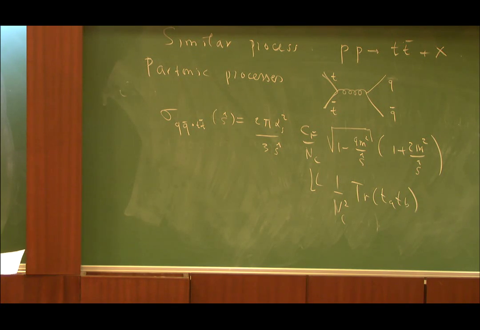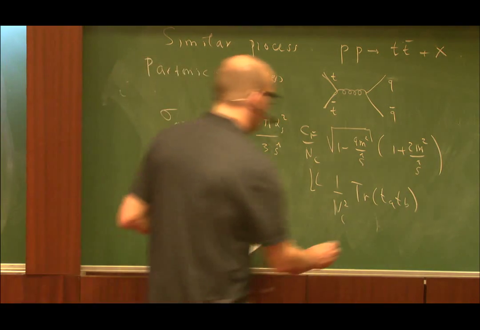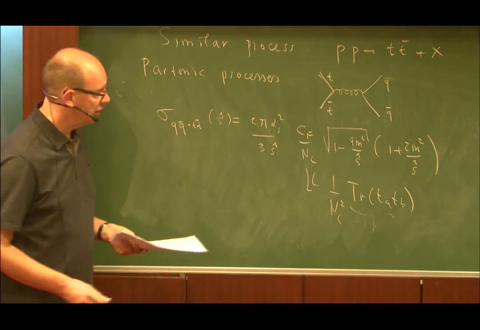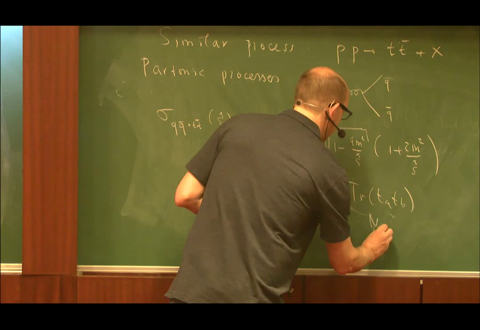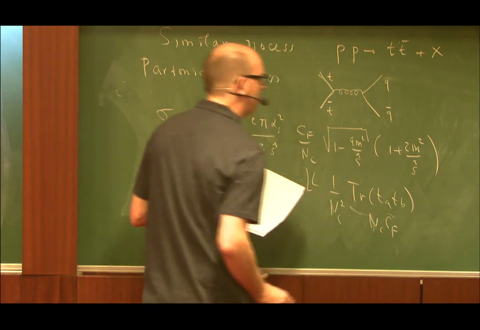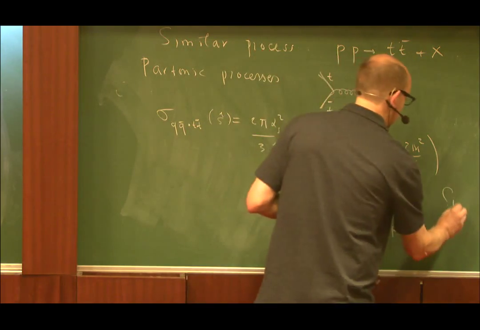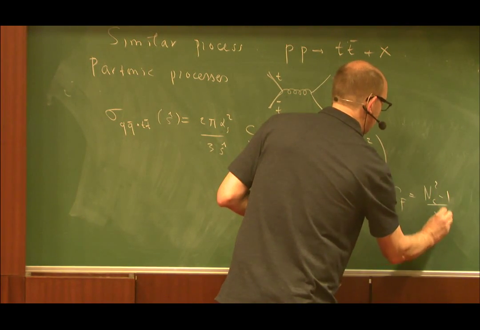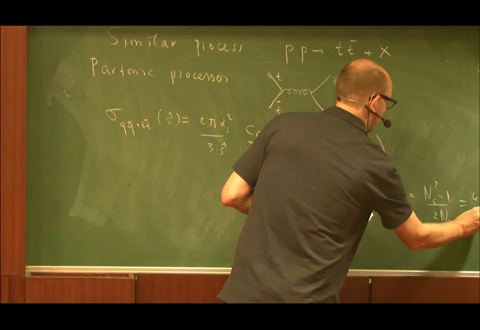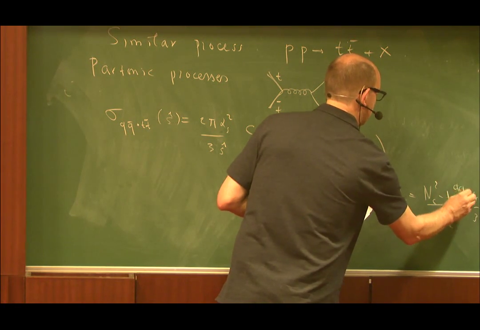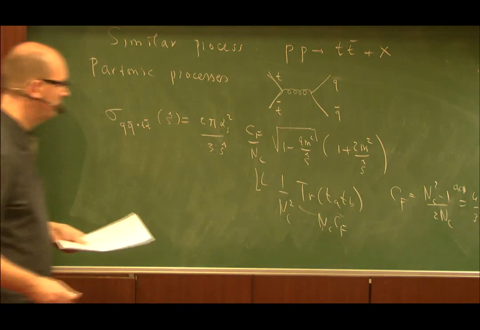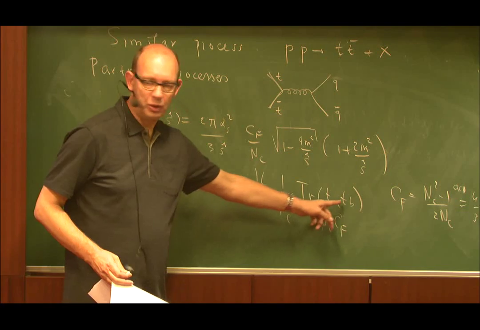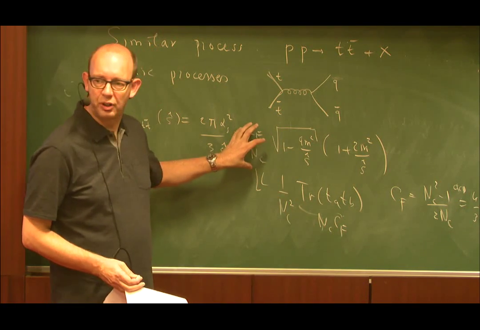So that is the trace over two color matrices, and that is equal to NC times CF. And CF is NC squared minus 1 over 2 NC, so it's 4/3 for QCD. So it comes from the trace over the color group generators. So it has to do with the color quantum number.